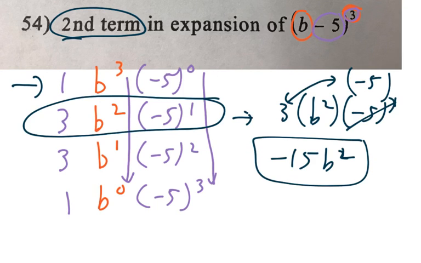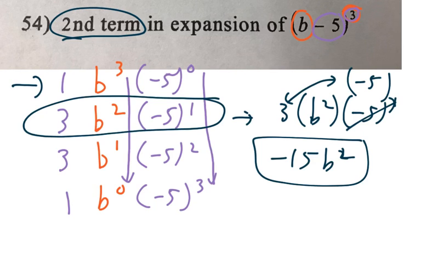We are done. That is the second term in that expansion there. Guys, pause the video again. Now, what I'd like you to do is try number 55 on your own and see how you did. So pause the video basically and give number 55 a shot.